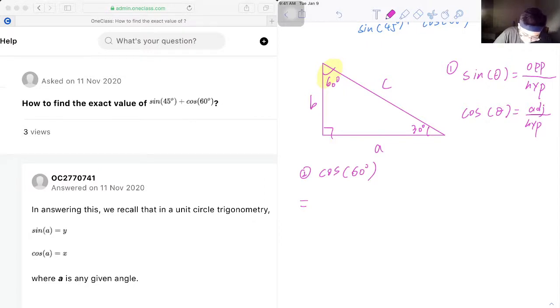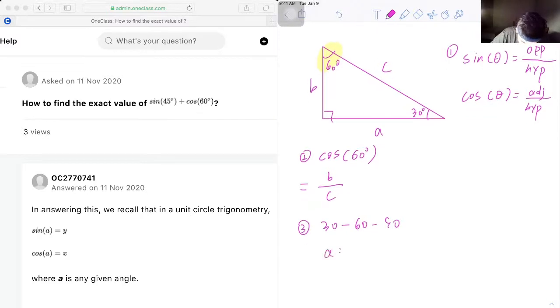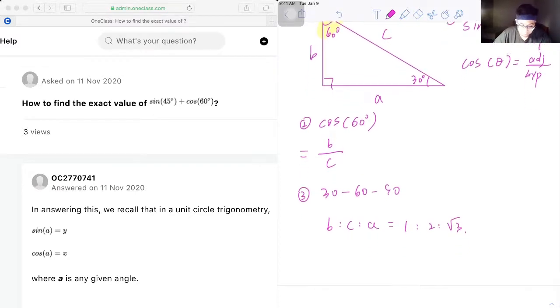In this case, the adjacent will be B and the hypotenuse will be C. And the next thing we need to know is that as long as we're given a 30, 60, 90 triangle, its sides always follow the ratio, let's say B, C, A, equal to 1, 2, and root 3.